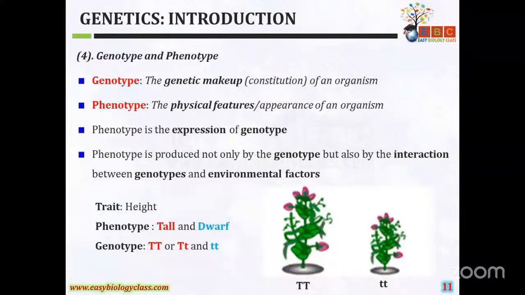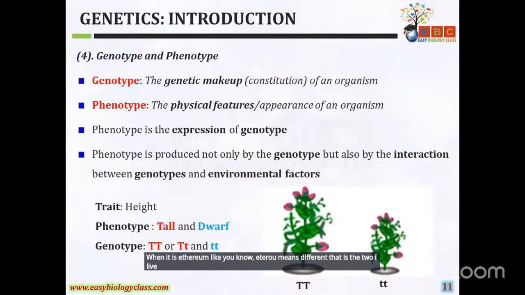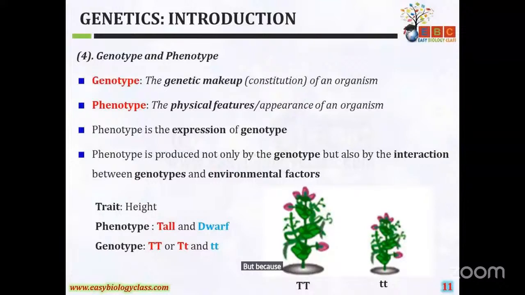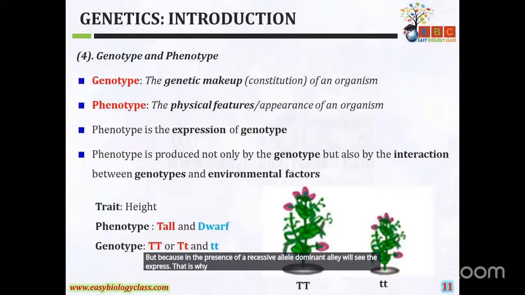Homozygous tall means the two dominant alleles are present. That's the capital TT. When it is hetero, hetero means different. That is, the two alleles are not similar in the sense that one is dominant and the other is recessive. But because in the presence of a recessive allele, the dominant allele will still be expressed, that is why tallness is still being expressed even at heterozygote state.